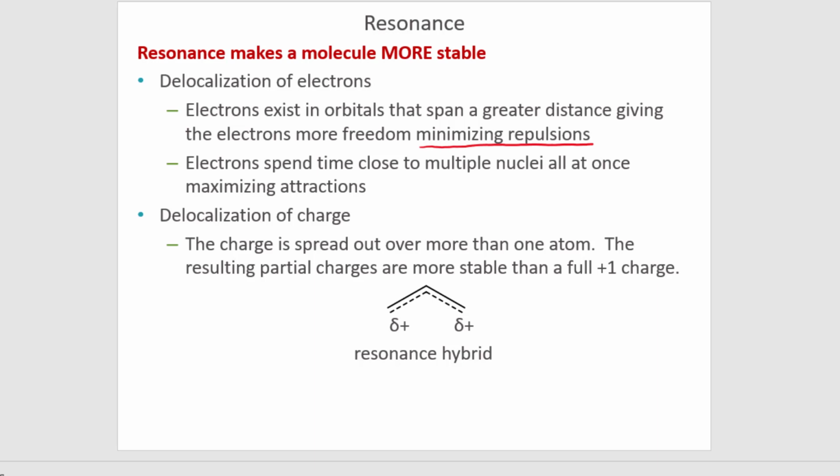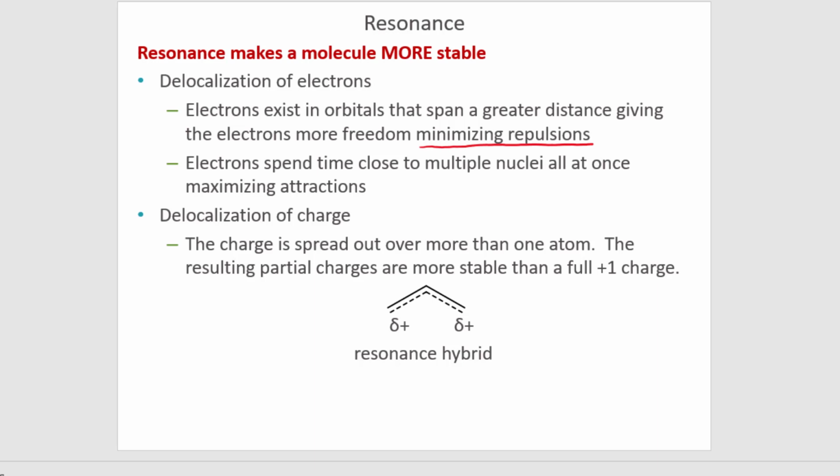Also, electrons end up spending more time closer to nuclei, all at once, maximizing their attractions because of all the added nuclei that it's close to as it's being delocalized over a larger area. Also, if there is a charge, resonance helps to stabilize that charge because that charge distribution is across a greater area, a greater space.